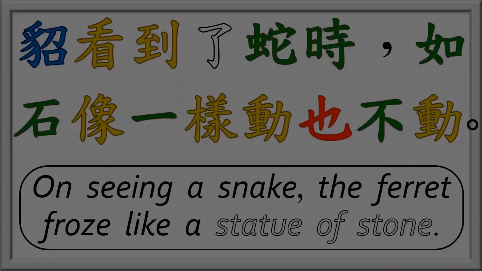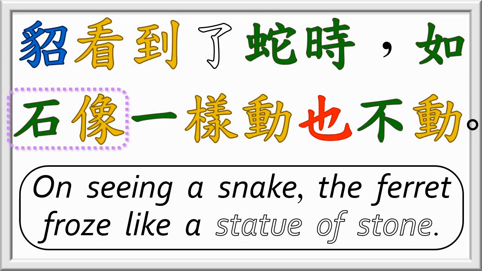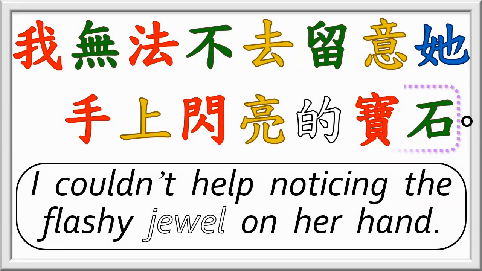A stone statue is 石像。雕看到了蛇时，如石像一样，动也不动。On seeing the snake, the ferret froze like a statue of stone. 宝石 is the term for a precious stone, gem, or jewel. 我无法不去留意他手上闪亮的宝石。I couldn't help noticing the flashy jewel on her hand.